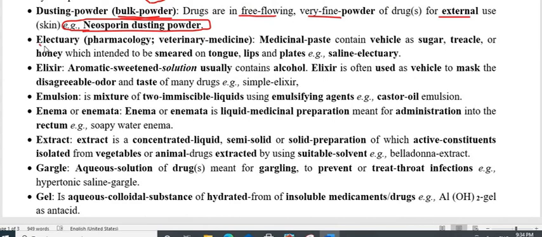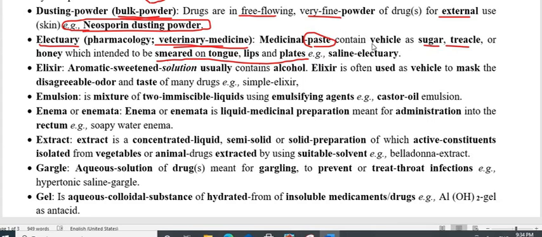Electuary is mainly a terminology used for a dosage form in veterinary practice or veterinary medicine, in which the drug is smeared over the tongue or the lips or the palate. So electuaries are medicinal preparations in paste form mixed with a vehicle like sugar, treacle, or honey. And it has to be smeared over the tongue, palate and the lips.